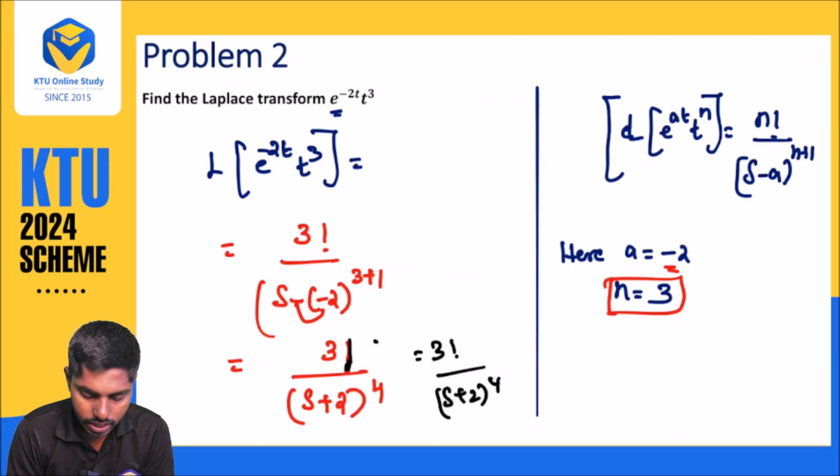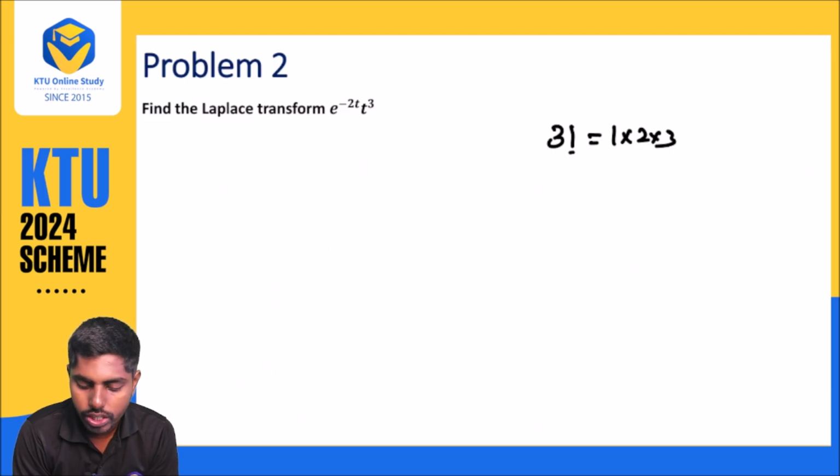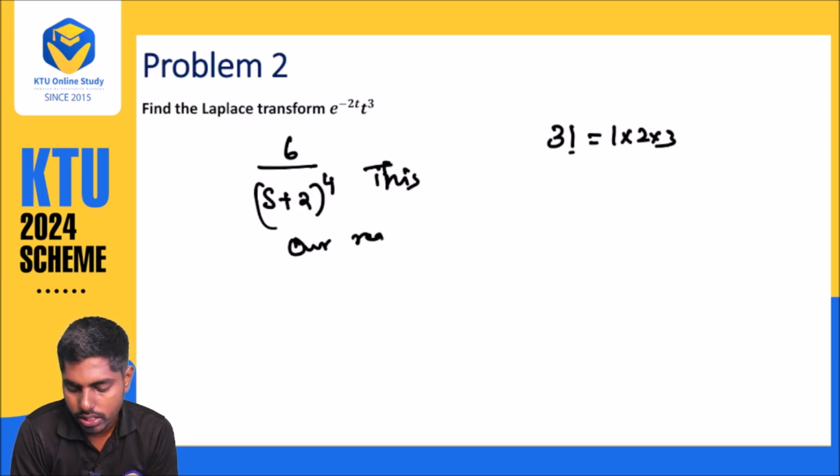What is 3 factorial? It is nothing but 1 into 2 into 3, which is 6. So the answer is 6 divided by (x plus 2) the whole raised to 4. This is our required answer.